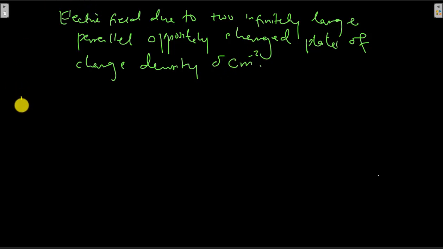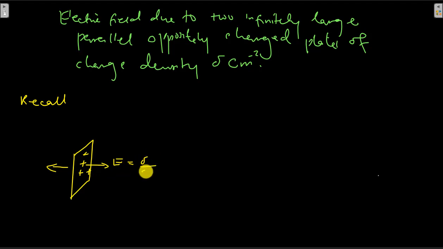So previously we have looked at the electric field intensity due to an infinitely large plane or plate. If we have a plate of this kind, infinitely large, we say the electric field intensity due to this side and due to this side, if this is a positively charged plate, we have considered this in our previous video, is going to be sigma divided by 2 epsilon naught.